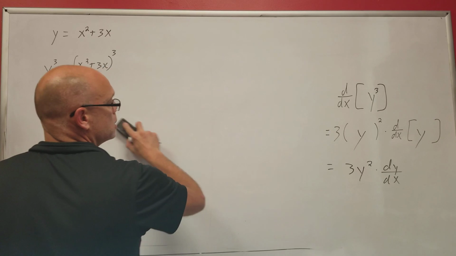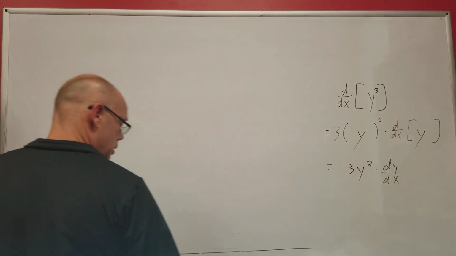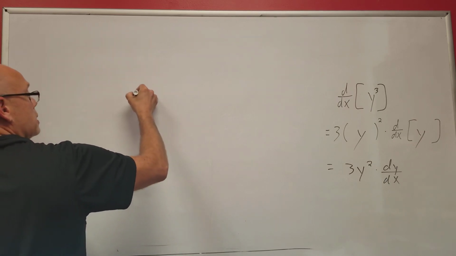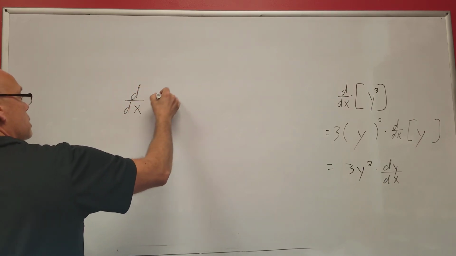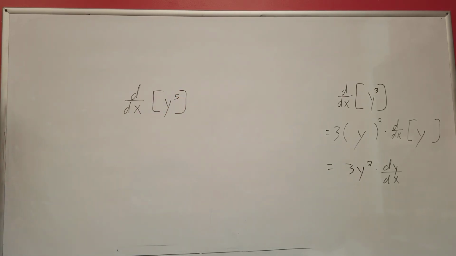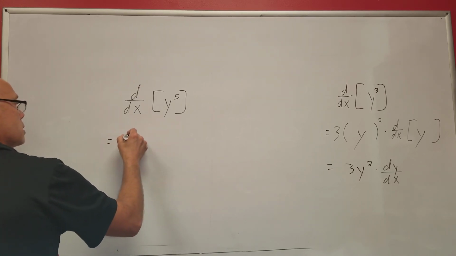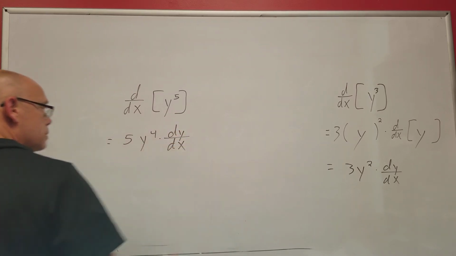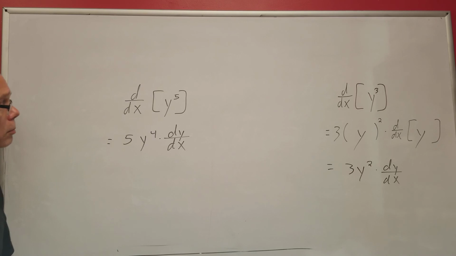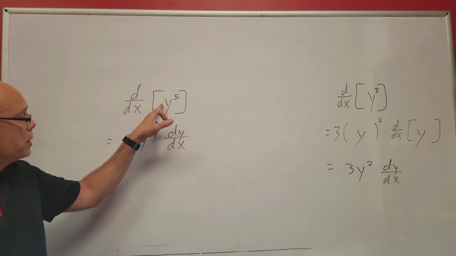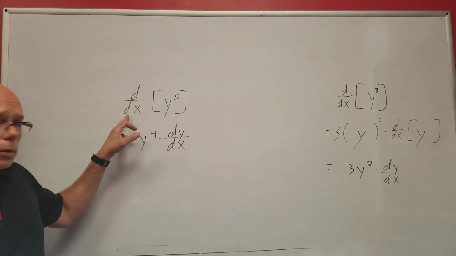Now, let's look at this part and the one we did just before this one. Before this, we had the derivative with respect to x of y to the fifth, and we said that was 5y to the fourth times dy over dx. So let's put this all together. Let's say y is some function of x.